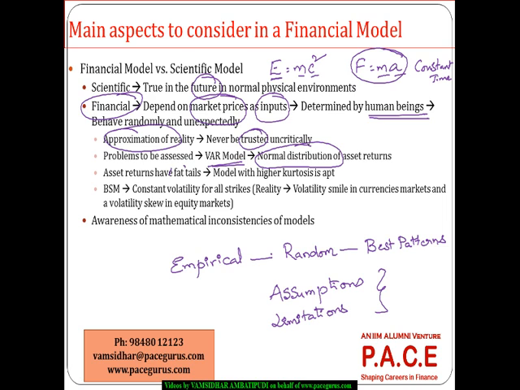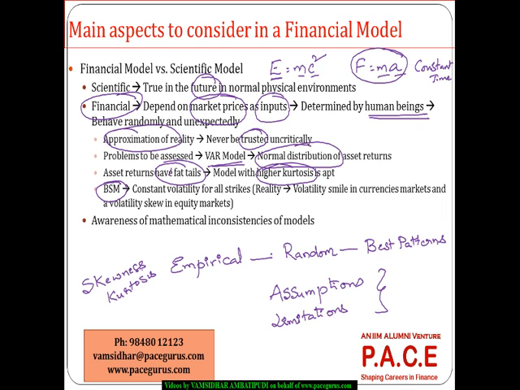But the reality is that asset returns have fat tails. They are not normally distributed. There is a lot of skewness and kurtosis present in the majority of asset returns. So compared to a normal distribution, a model with higher kurtosis is probably more and more appropriate.